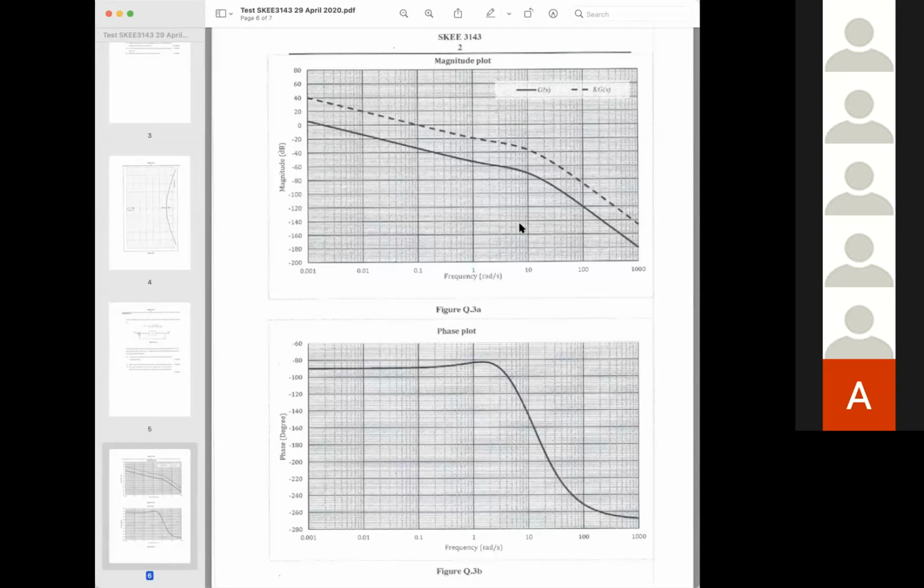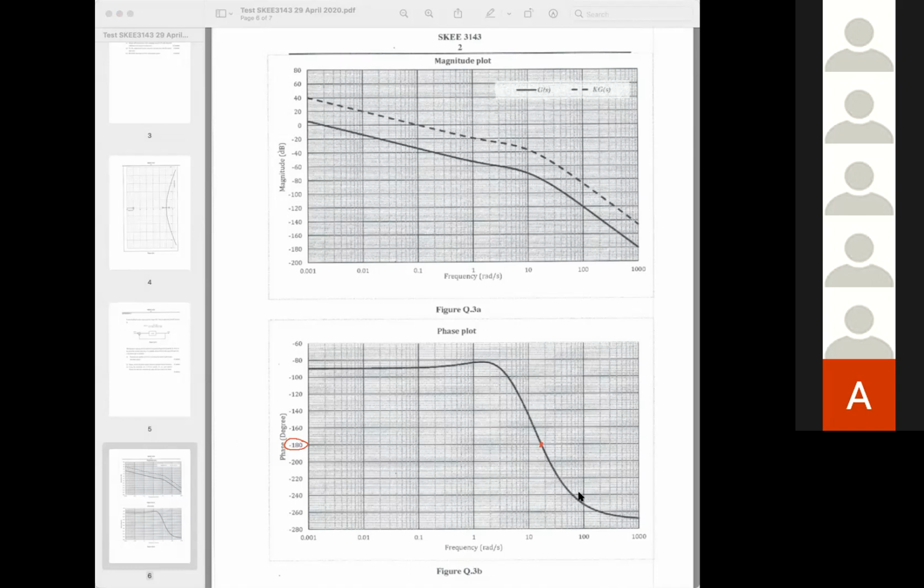Since this question is direct, Aina, can you find me the value of gain margin? How are we going to find the gain margin from this plot? I don't know, doctor. Look at the phase curve at minus 180 degrees. What is the frequency? Can you see it? Use a magnifying glass.